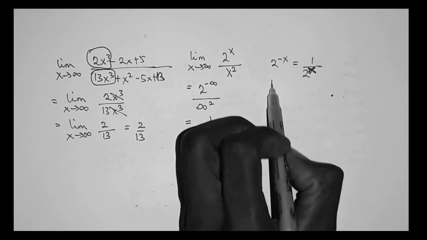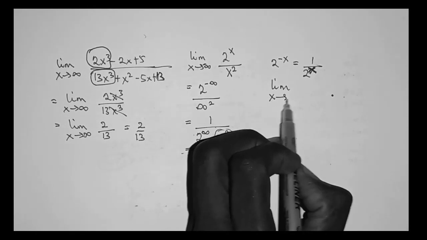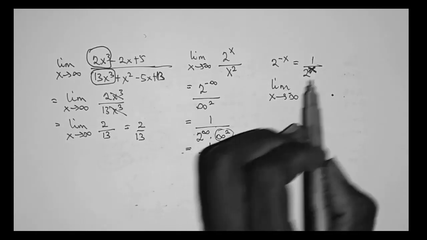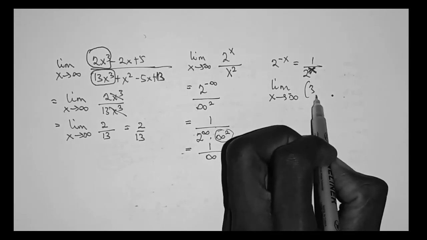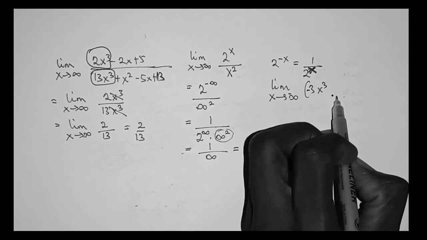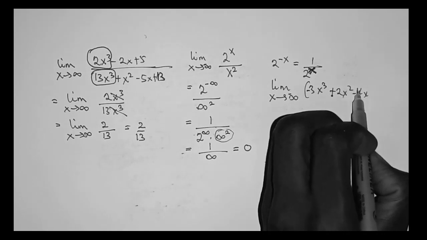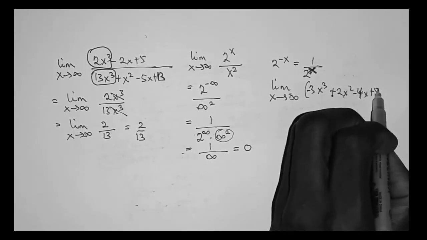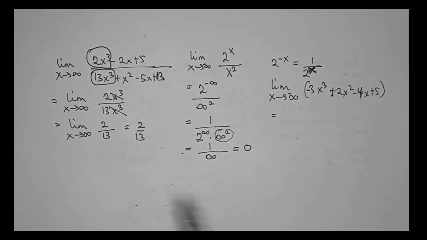Now, let's also find the limit as x approaches infinity from the right hand side of 3 minus 3x cubed plus 2x squared minus 4x plus 5. So this is equal to, remember what we said?